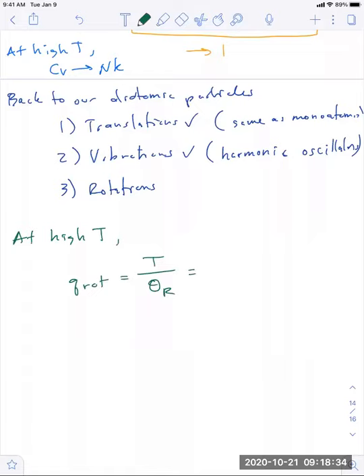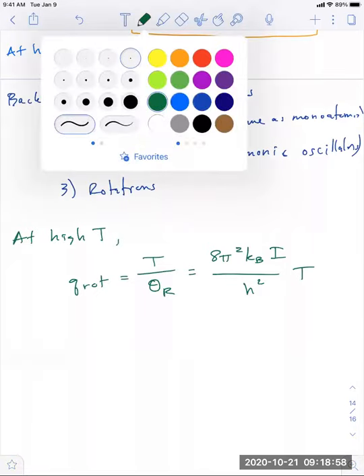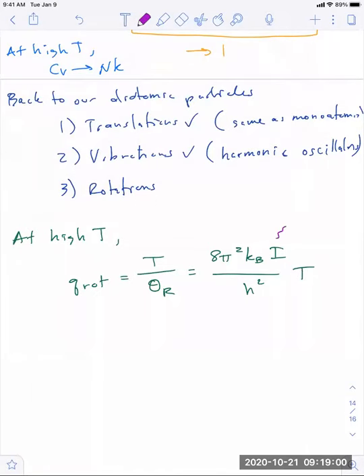And the rotational temperature has a similar meaning as the vibrational temperature, but now applied to activating these higher energy rotational states. So this comes out to be 8 pi squared times kB times the moment of inertia divided by Planck's constant squared times the temperature. And this I is the moment of inertia for our rotation.